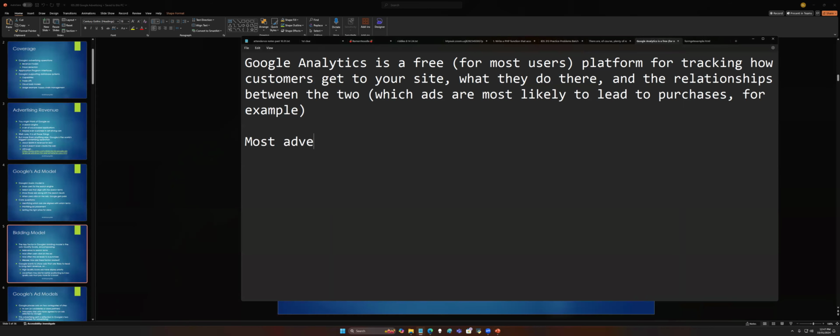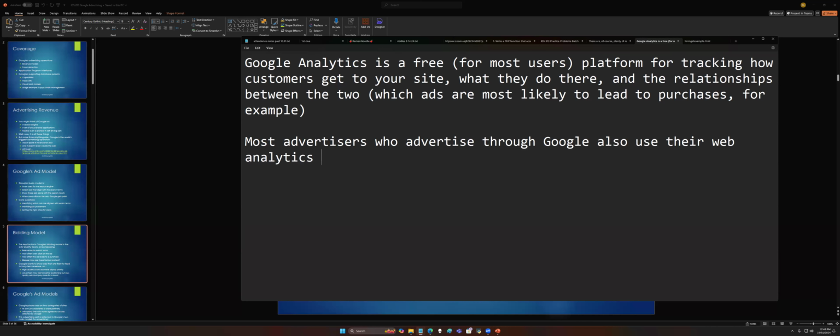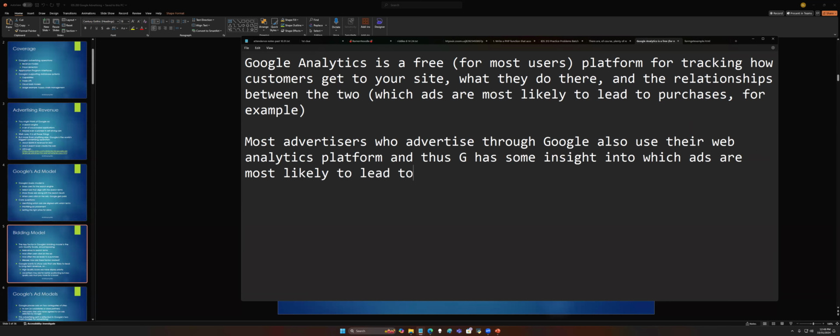Most advertisers who advertise through Google also use their web analytics platform, and thus Google has, you know, some insight into which ads are most likely to lead to purchases, right?